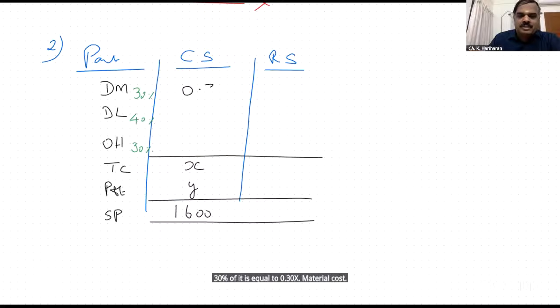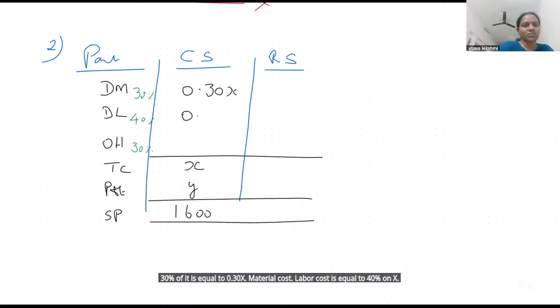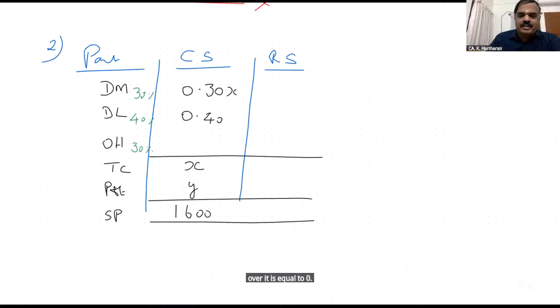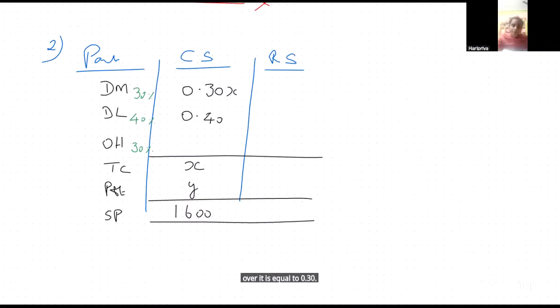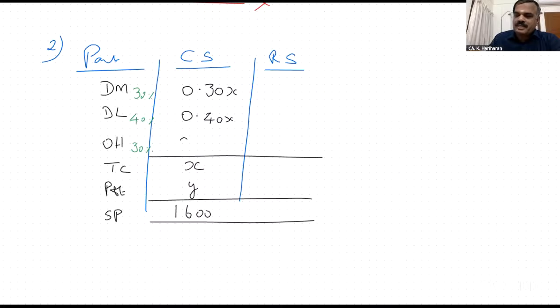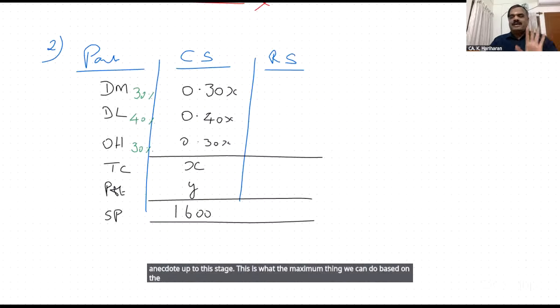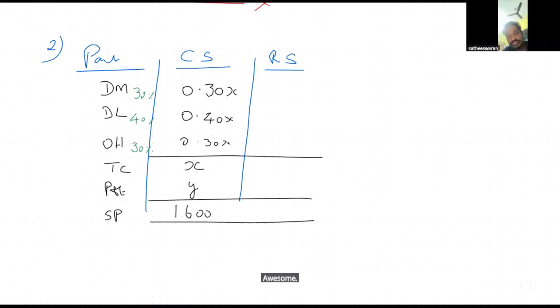Labor cost is 40% of X, 0.40X. Overhead is 0.30X. Any doubt up to this stage? This is the maximum we can do based on the available info for the current situation. Now we are moving to the revised situation.